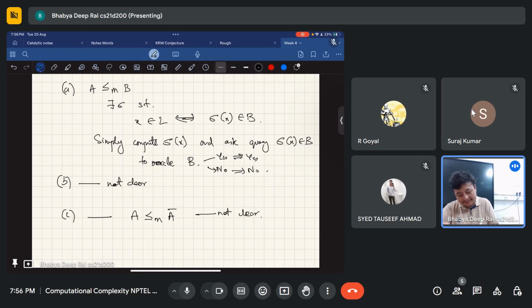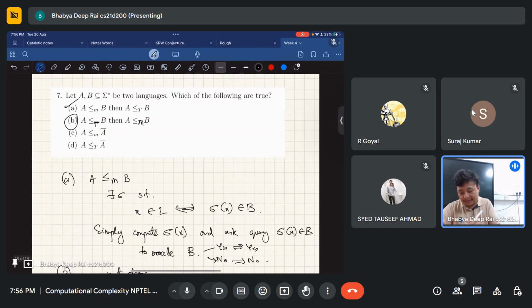Because if this were true, then any language in NP would reduce to L complement for L in NP. So NP equals CoNP. This would happen, but that is not the case. So this is not true. C is also not true. B is also not true yet.